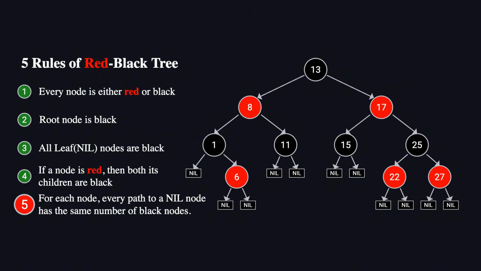Finally, let's check the 5th rule. Every path from a node to any of its descendant nil nodes must have the same number of black nodes. This number is called the black height. The black height of a node is the number of black nodes along any path to a nil node, excluding the node itself. In our example, I've marked each node's black height in blue.